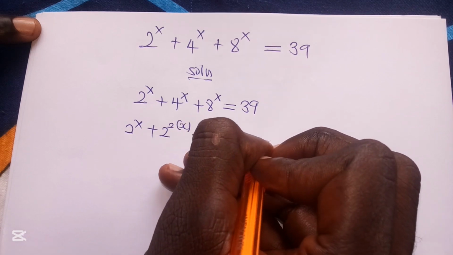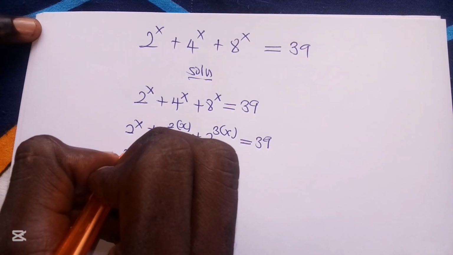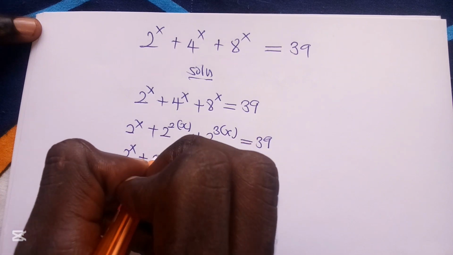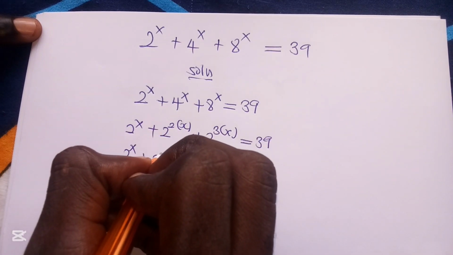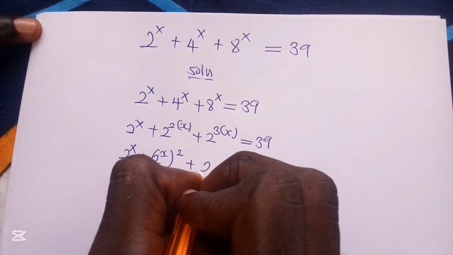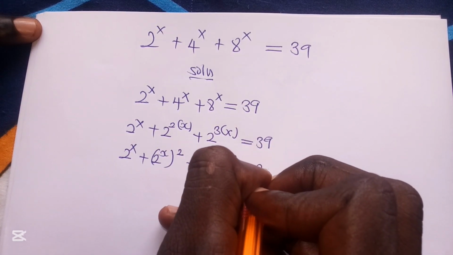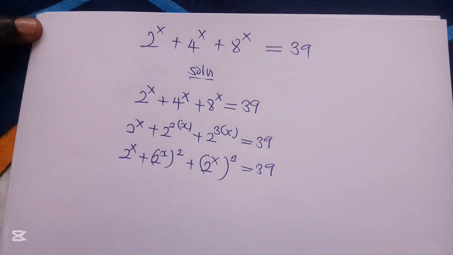Then everything becomes 39. Now this becomes 2 raised to the power x, plus 2 raised to the power x raised to the power 2, plus 2 raised to the power x raised to the power 3, and everything equals 39.